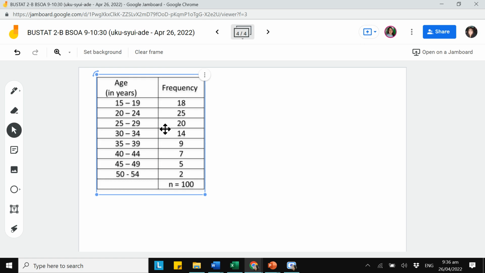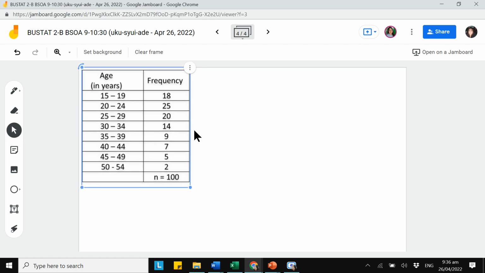Okay. So here, this is already a table showing frequency against the number of years. If you will notice here, you start at 15 and you end at 54. So we're not going to use 15 and 54 per se, but we're going to use the boundary values. So we just add 0.5, and 0.5 here to 15. Okay?